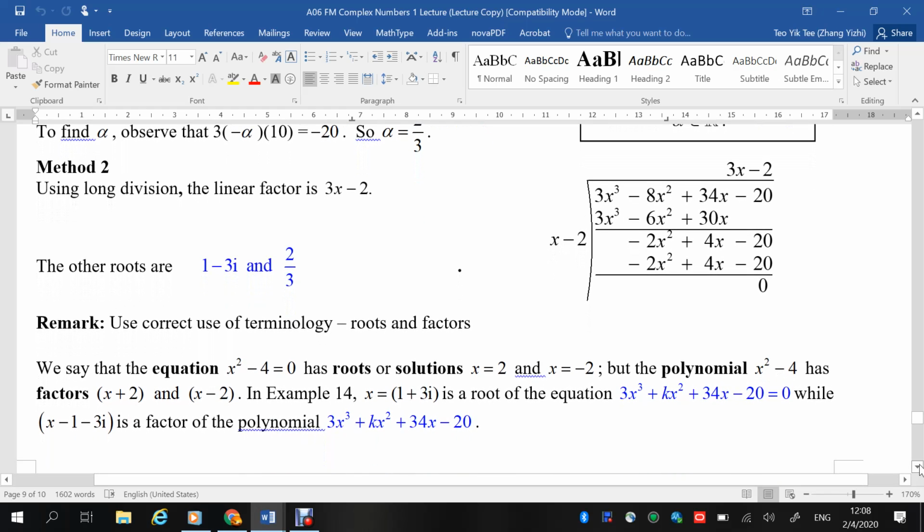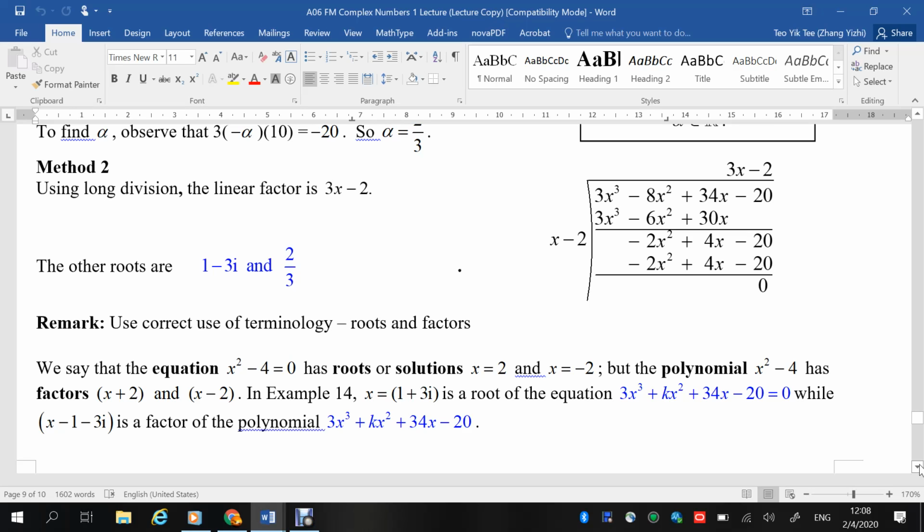So the other thing here that we are quite worried, especially not for you all actually, is more for the H2 students, but for you guys you better be more precise. 1 plus 3i versus x minus 1 plus 3i. 1 plus 3i is a root to your equation.